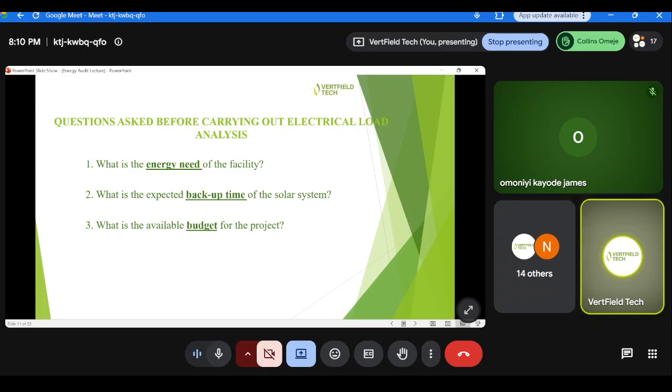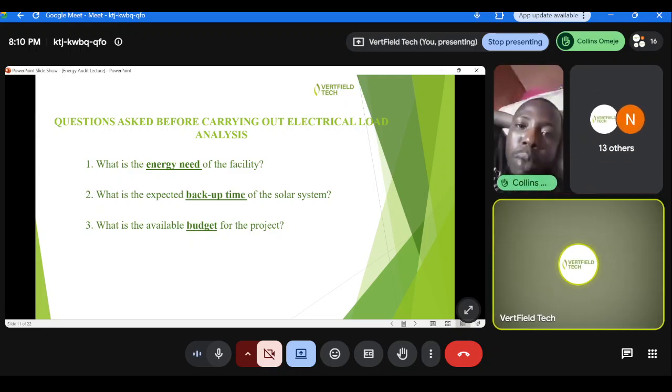Now, most installers shy away from these budget questions, and when they shy away from these budget questions, it will make them end up in trouble because after going through the rigorous step of system design, they find out that this client cannot even afford what he is trying to get. So, asking the question of budget when you have seen that what is to be done is much, we save you all the trouble, we save you all the stress.